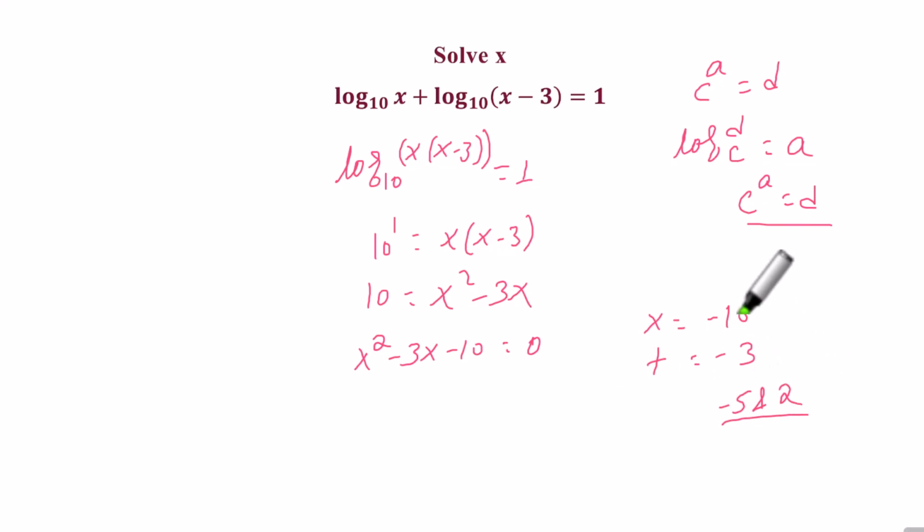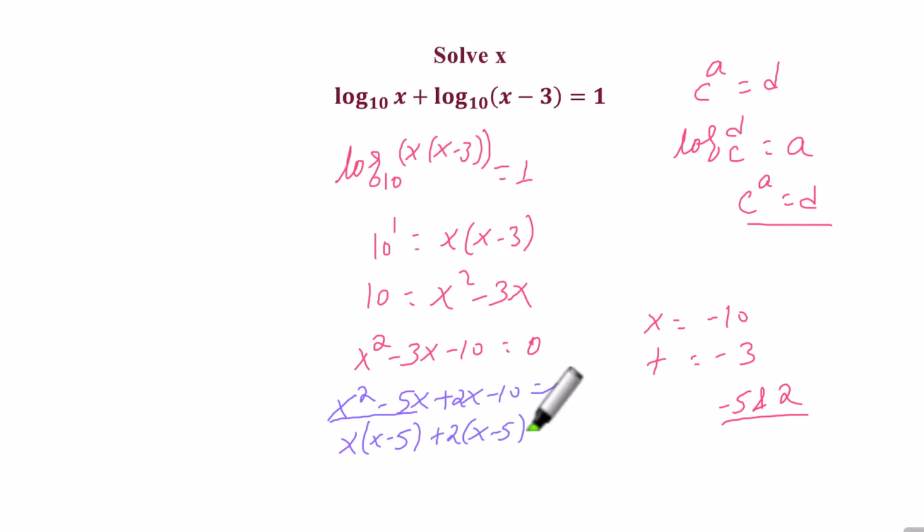Minus 5 times 2 is minus 10, and minus 5 plus 2 is minus 3. So you can write x squared minus 5x plus 2x minus 10 equal to 0. Taking x common, x times x minus 5 plus 2 times x minus 5 is 0. There is a common factor here, so x plus 2 times x minus 5 is 0.